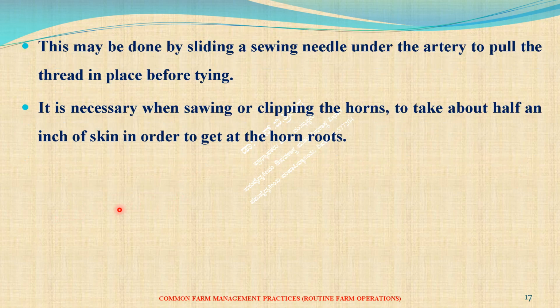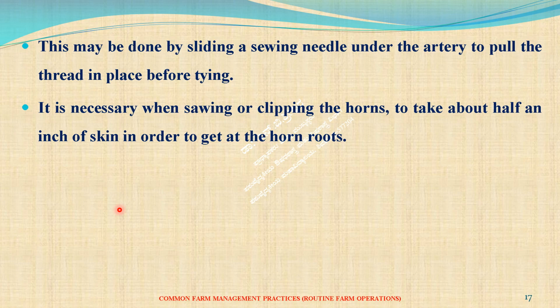This may be done by sliding a sewing needle under the artery to pull the thread in place before tying the artery which supplies the horn. It is necessary when sawing or clipping the horn to take about half an inch of skin in order to get at the horn roots.